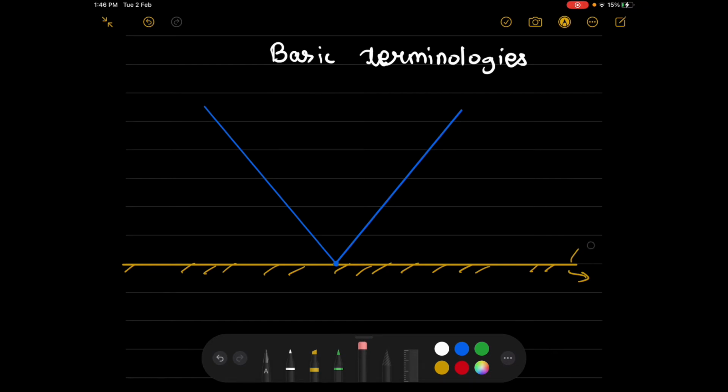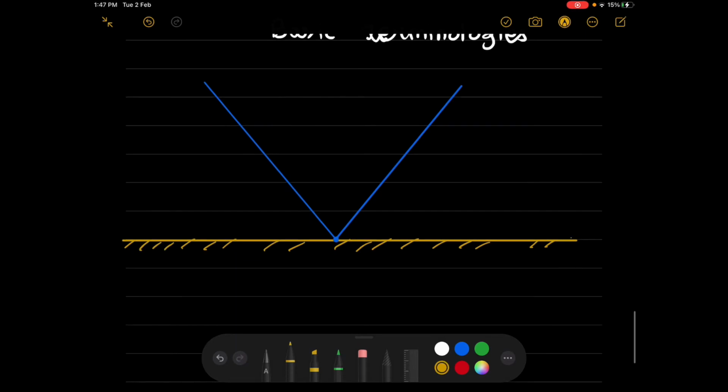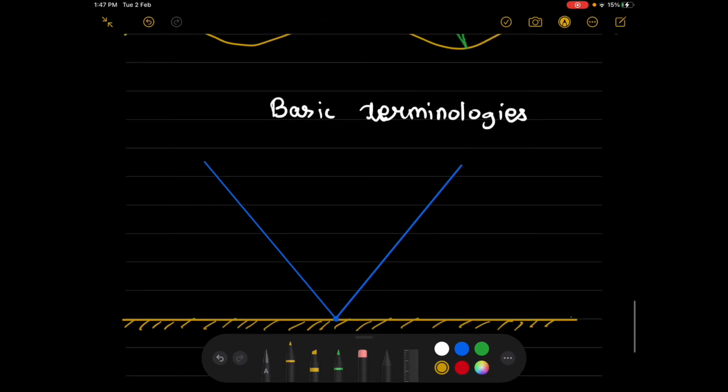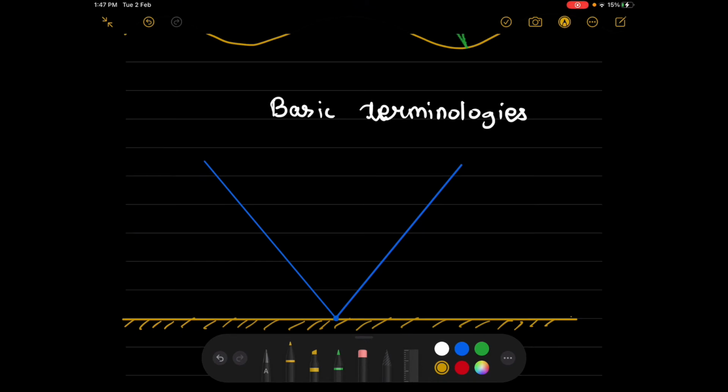There are major things to note here, so you have to keep a note of it in your notebook. The first thing to note is labeling the diagram. The ray which comes towards the mirror is known as the incident ray.